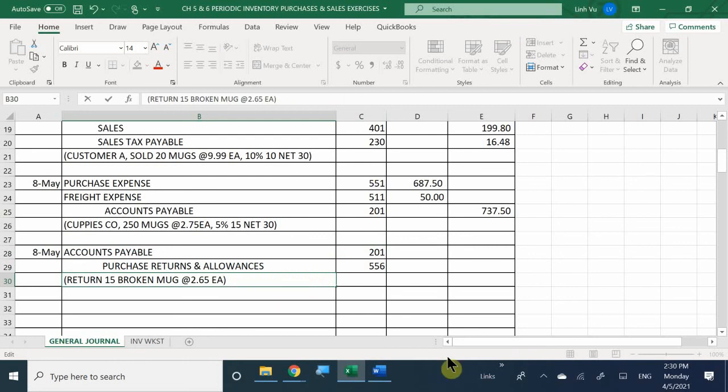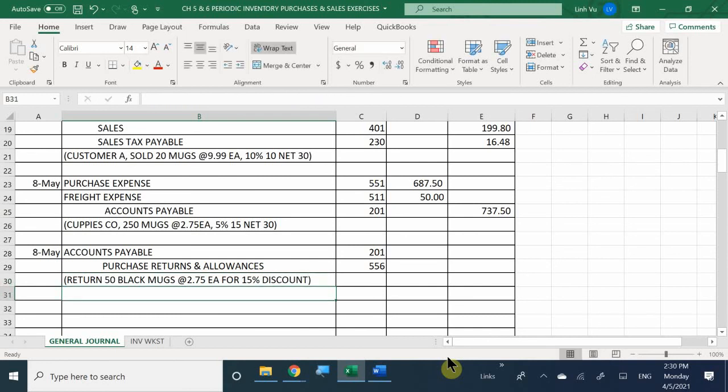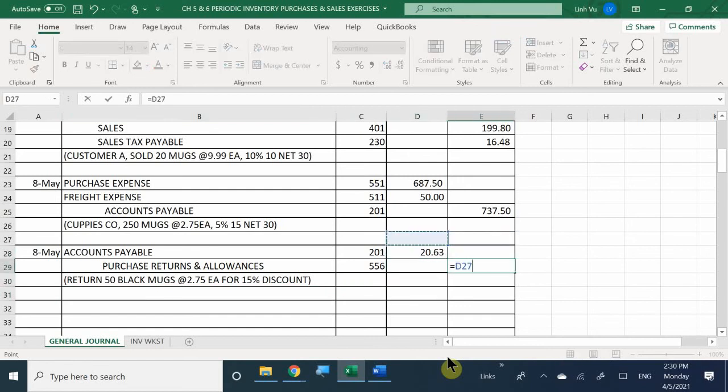So here we're going to go ahead and say that we returned 50 black mugs, okay, at $2.75 each for 15% discount. All right, and we know what that number is. It's the $20.63 that we solved for in our little window over there. Okay.